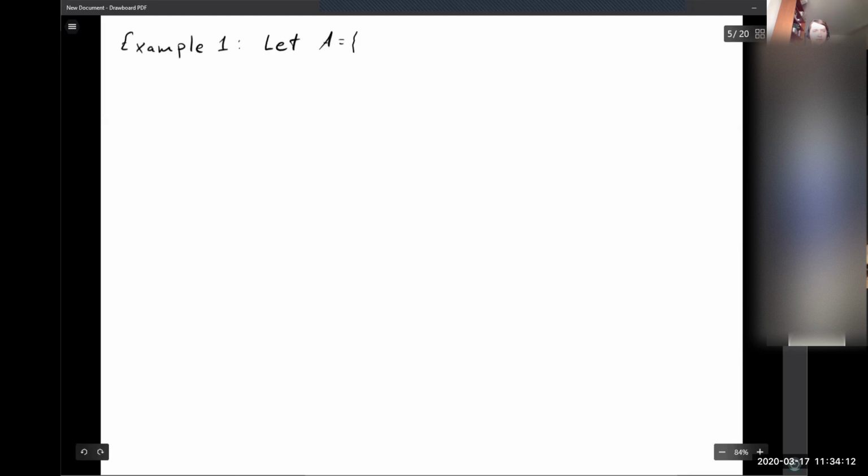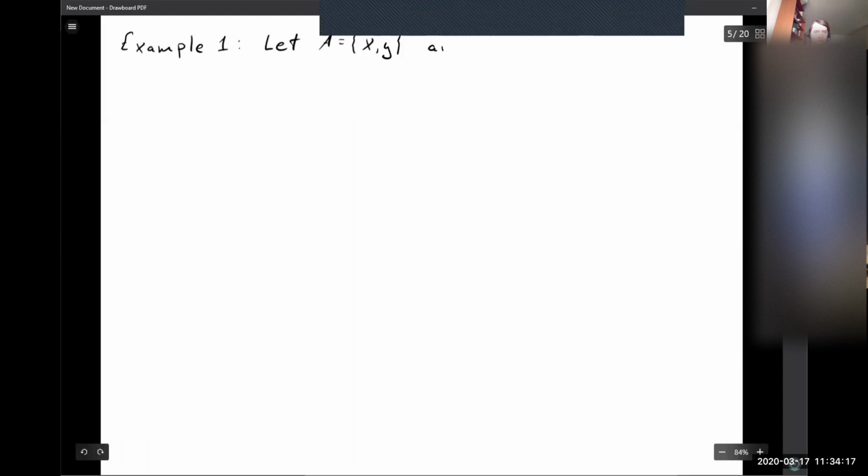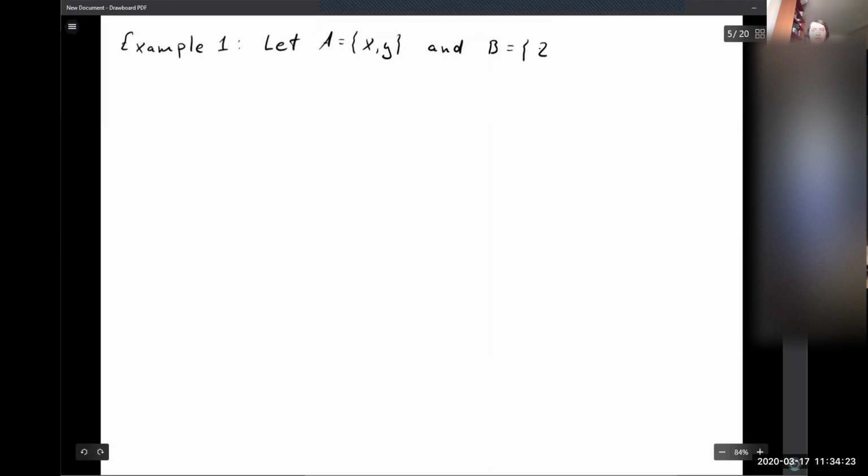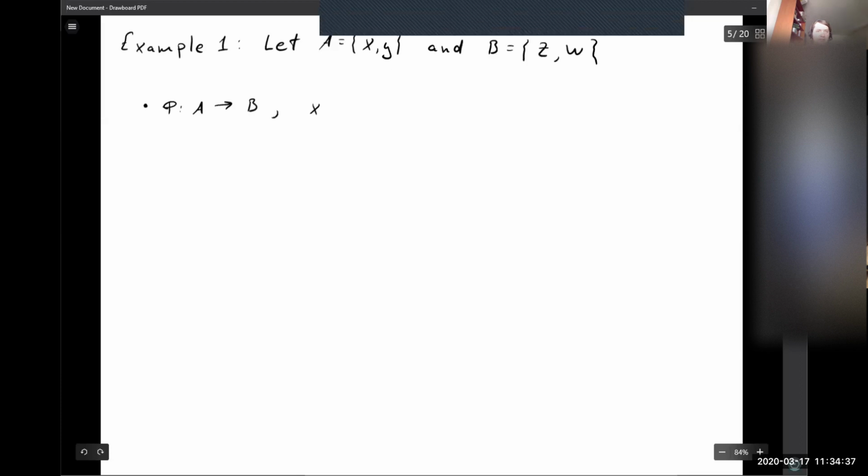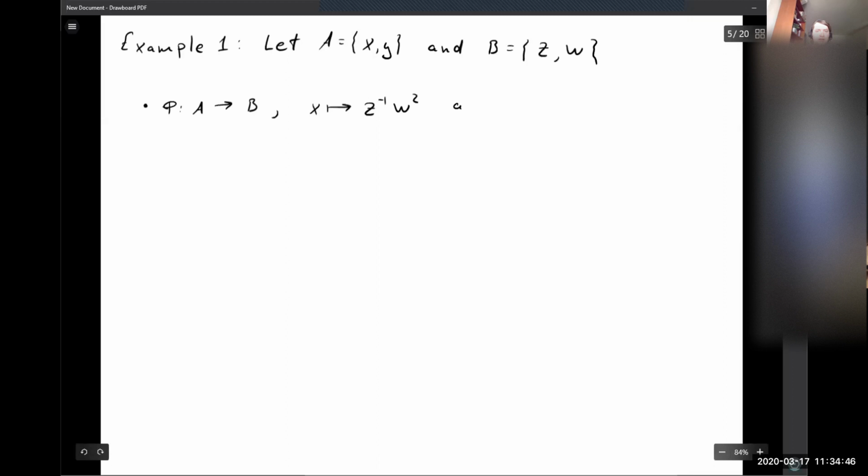Let's look at the alphabet A, which consists of two letters, X and Y, and another alphabet B, which consists of three letters, Z and W. And let's look at the phi from A to B, which sends X to Z inverse W squared, and Y to W inverse Z.